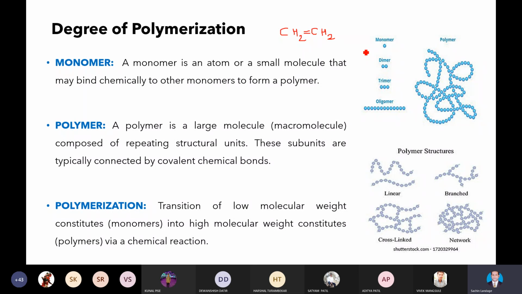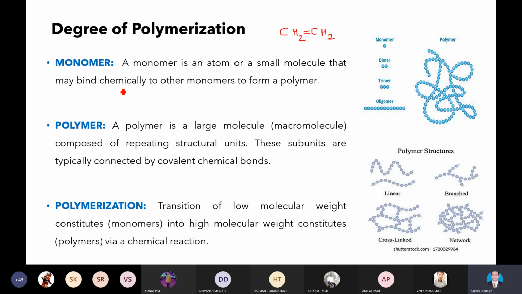Second, there are a few monomers where we have a functional group also, and such molecules bind chemically. For example, take the example of polyester. Polyester we can manufacture using condensation polymerization.